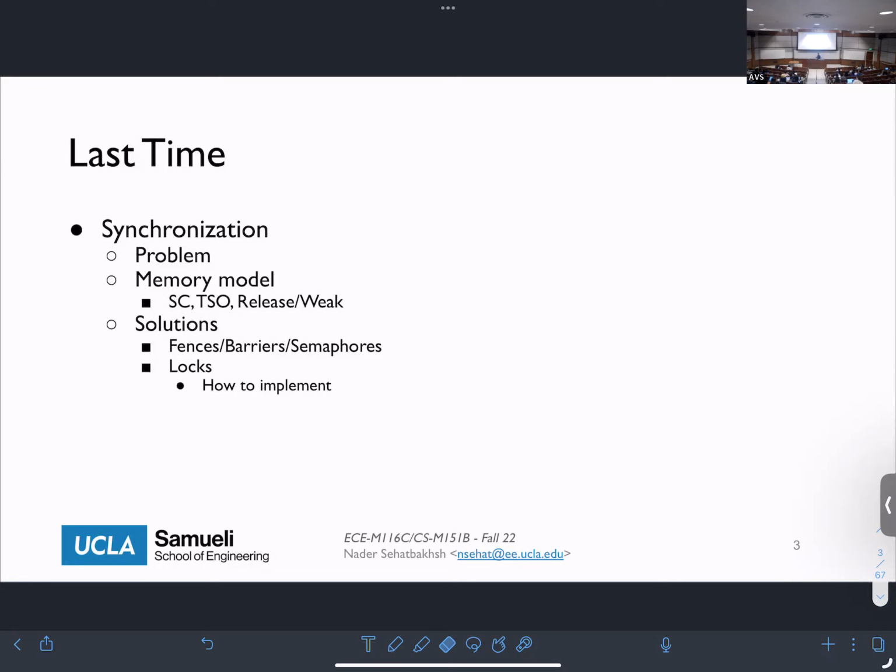So the burden is mainly on the programmer, as opposed to most of the things that we learned so far, where the programmer just writes the program the way they want, and the hardware keeps track of things in the background. For multi-threaded programming, it's the opposite. The hardware provides the primitives, but it's on the software developer to write the program in the correct way.